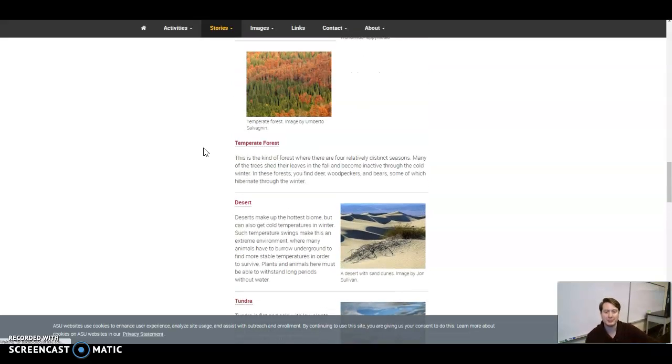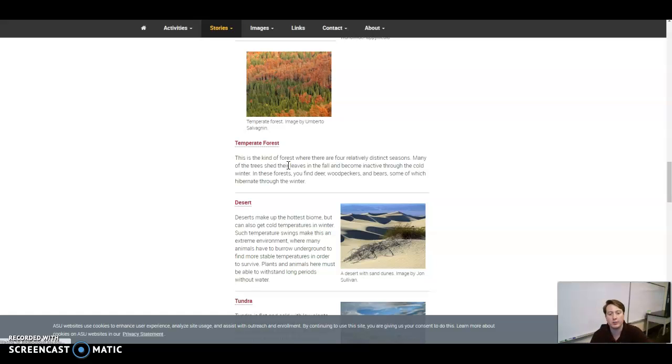However, if you're doing your biome about the environment here, it's most likely going to be, we could tie it in with a temperate forest. Of course, in Syracuse, right in the city, there's not too many trees, but there's some. So this is a kind of forest where there are 4 relatively distinct seasons, right? We have summer, fall, winter, and spring.